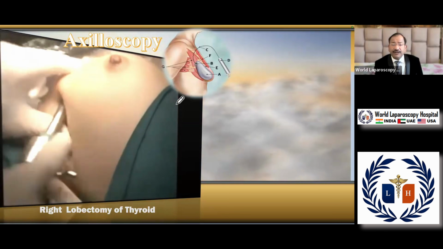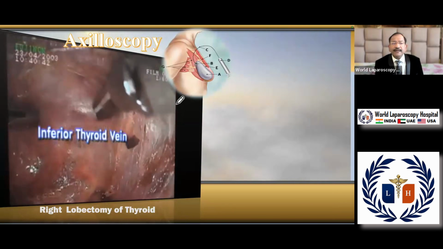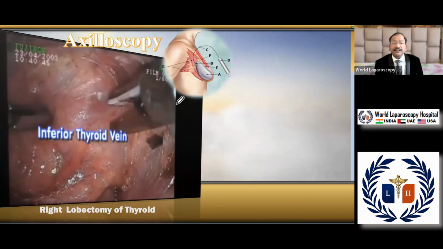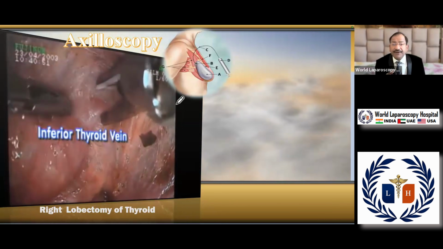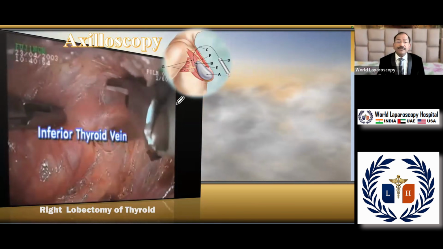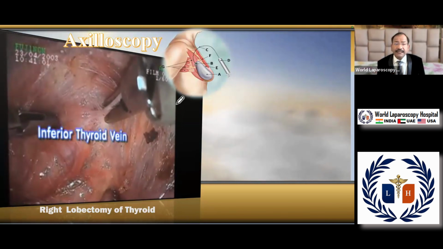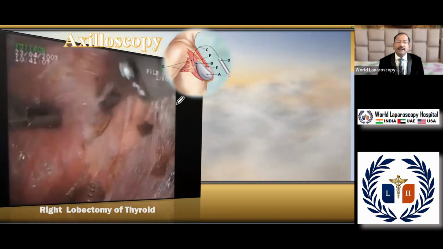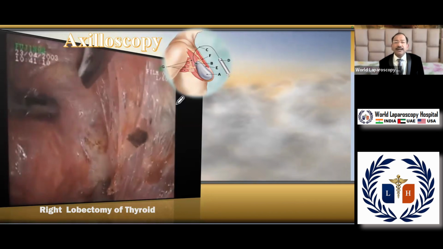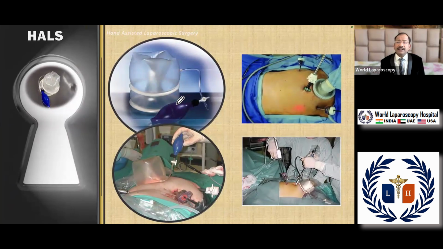You can separate the platysma from the sternocleidomastoid, and very easily you can see the inferior thyroid vein, and once you enter there, even the recurrent laryngeal nerve you can see in an enlarged and magnified view, and you can do the thyroidectomy through the axilla. So, there will be no scar on the neck. This is also a very good branch which is emerging.